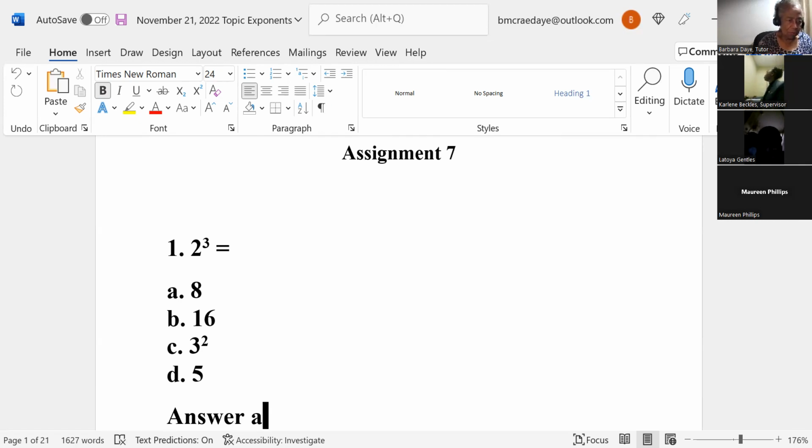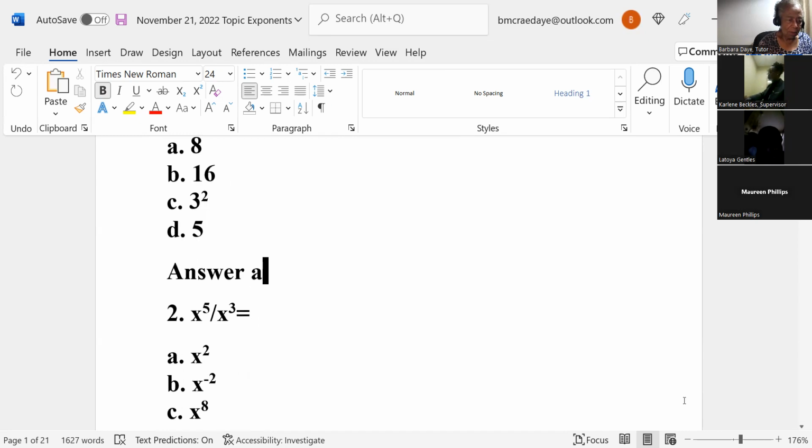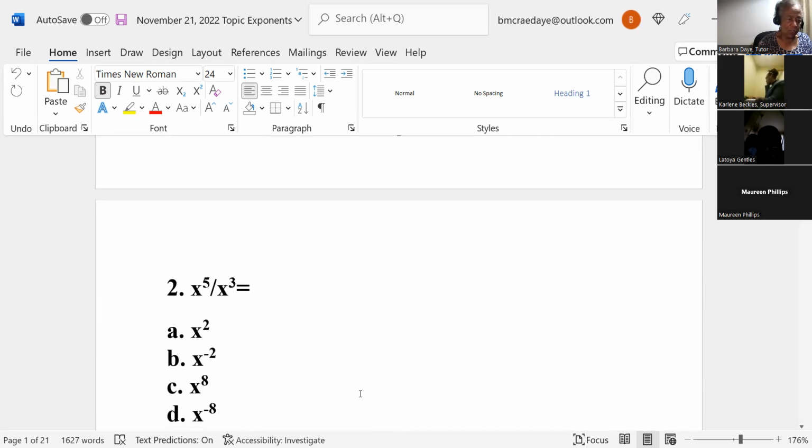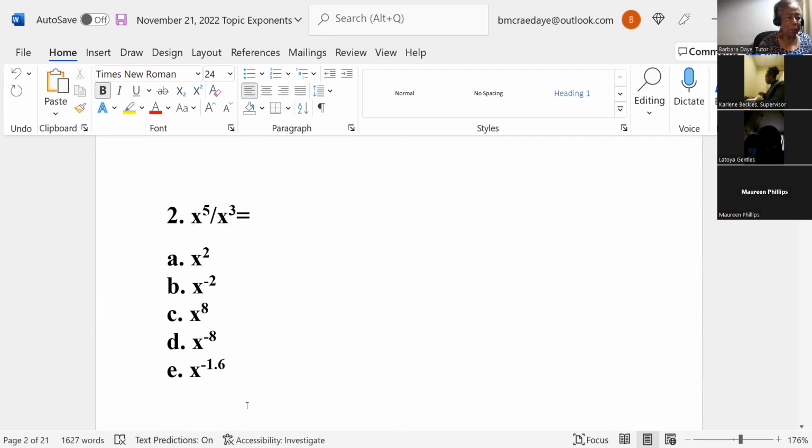Okay, Maureen, I want you to keep going. Now we have a division of exponents. What's the rule, Maureen, when you divide exponents? You add, no, that's multiplication. You subtract. Subtract, that's right. So x to the fifth power divided by x to the third power equals what?